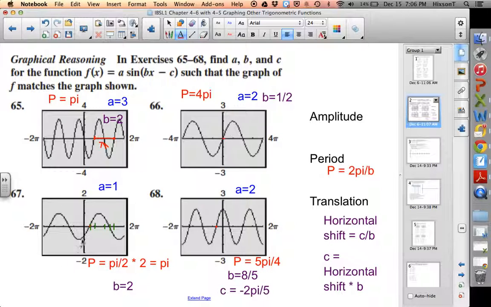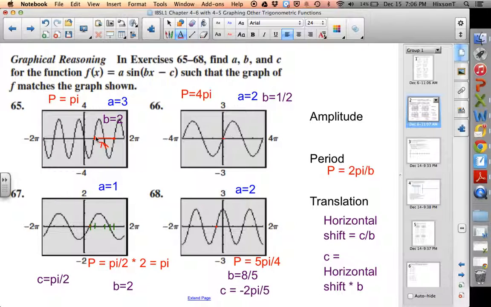On this one, we're shifting it to the right pi over 4, so that's a positive pi over 4. So C equals pi over 4 times 2, which gives us pi over 2. So 2 over 4 reduces to 1/2, so it's 1/2 pi.